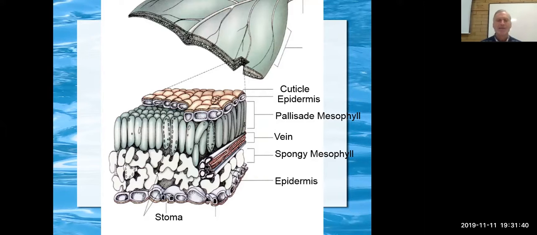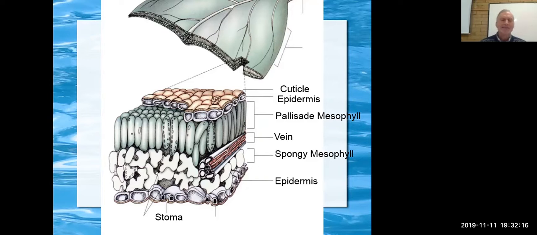And then there's the palisade mesophyll. It's a fancy name, but they're long cells that are lined up vertically, and that's where most of the chlorophyll is. They're lined up like that to catch the sun. Question about what chlorophyll is, Steve. Oh, yeah. Real good question. Chlorophyll is the green stuff in the leaves. It's what makes leaves green.